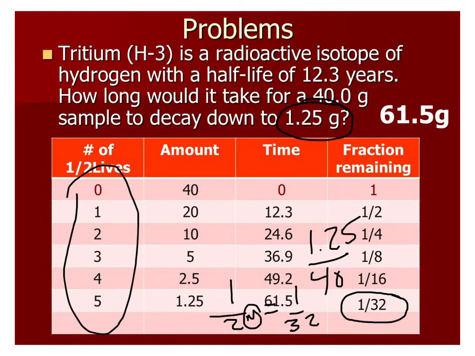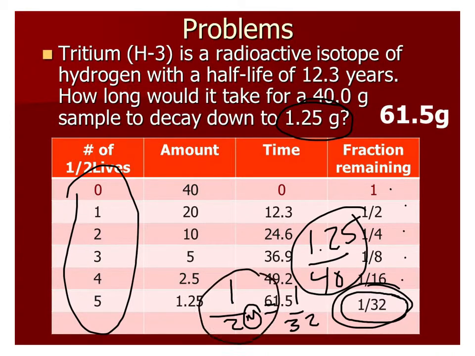Or the other way is you can do this way first and get your decimal converted to a fraction. It's going to be one of these: 1/2, 1/4, 1/8, 1/16, 1/32, 1/64, etc. And then convert that into one of these, and you can get the number here.